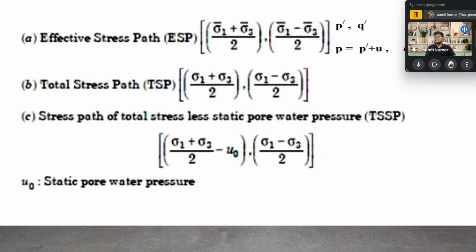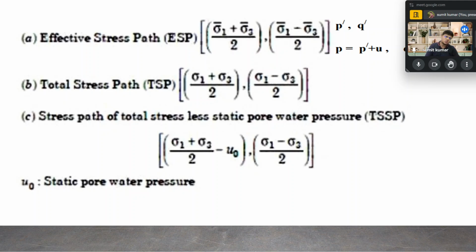So we subtract u naught from sigma 1 plus sigma 3 by 2, and similarly in the second case, that is not a problem, because in sigma 1 minus sigma 3 by 2 the value of u gets subtracted from one another. So that is not the case over there.